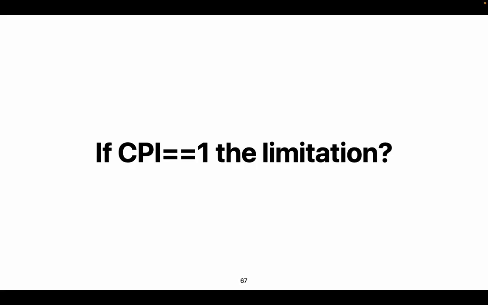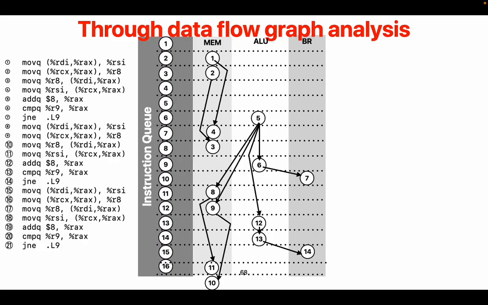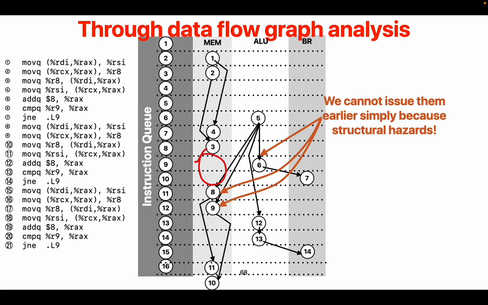Why is that? In fact, if you pay attention to the data dependency scheduling that we just drew, at this moment, my memory unit is actually free. Why can't I execute this earlier? That's one issue.